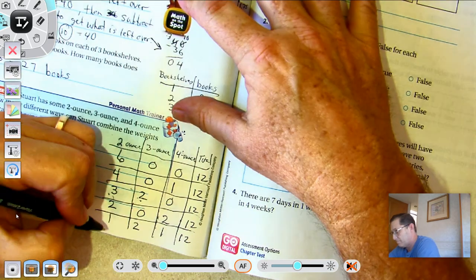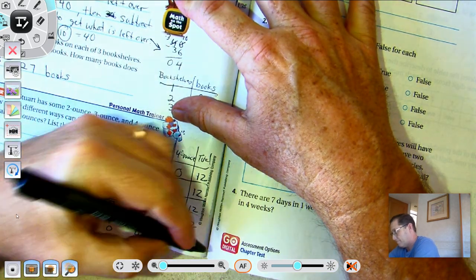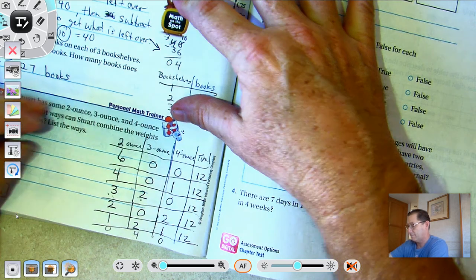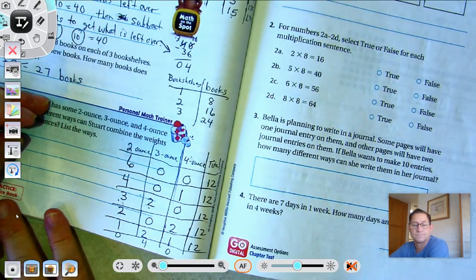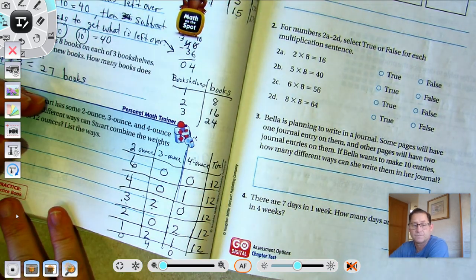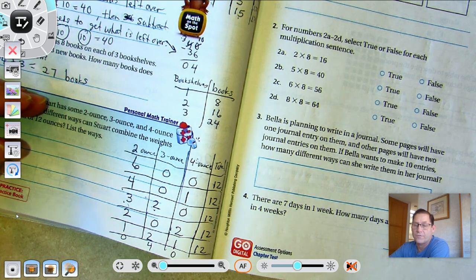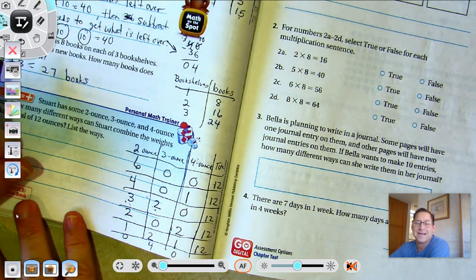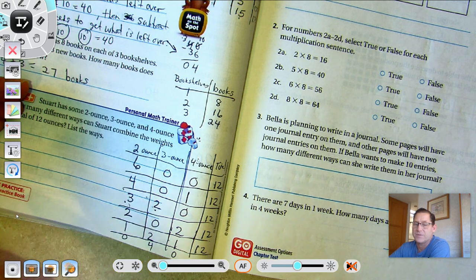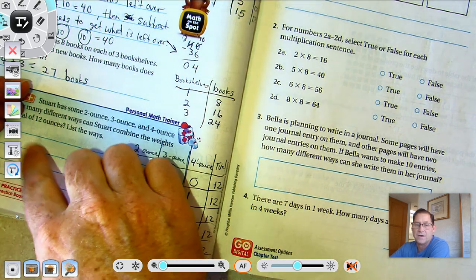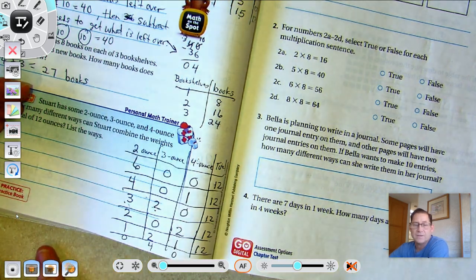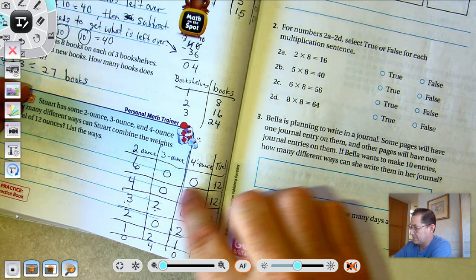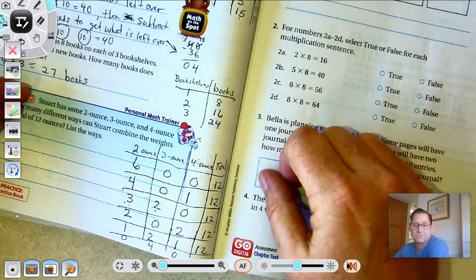Yeah, 4 times 3 is 12. Can I have less than 4 3-ounces? 3 times 3 is 9. There's not going to be any way to get 3 more from a 2-ounce and a 4-ounce. So that's it for the 3 ounces.